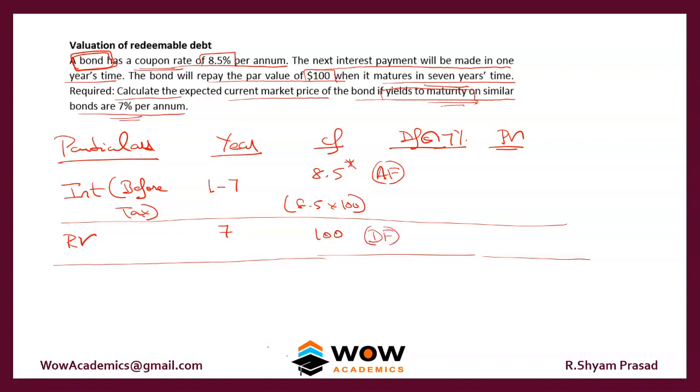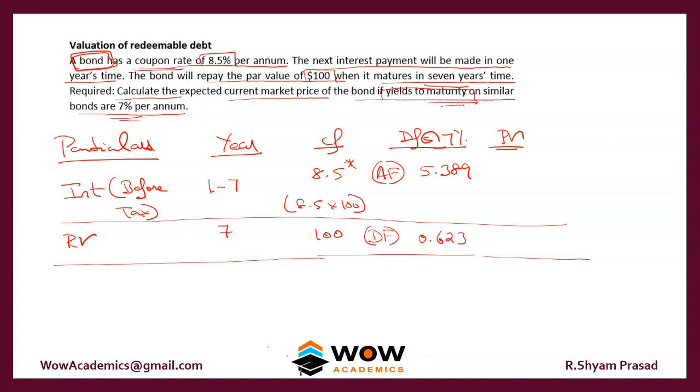So first we look at the annuity factor table for the interest. For 7% and 7 years the number comes to 5.389, and for the redemption value for 7% and 7 years we get 0.623.